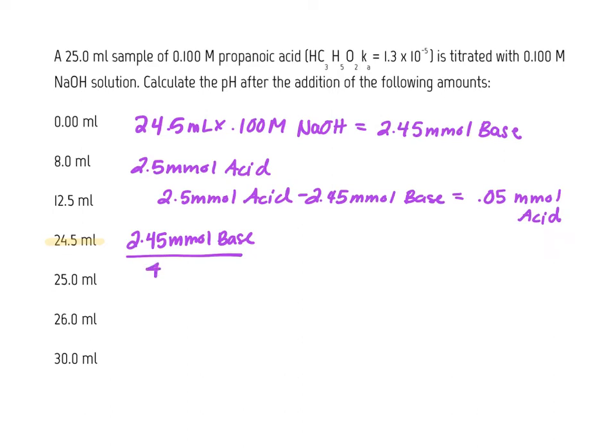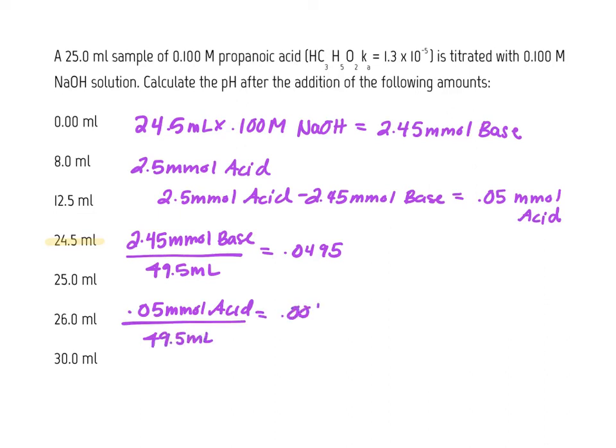Our total volume now is 49.5 milliliters, so 25 plus 24.5. We get our concentration of the base. We're going to take that 0.05 millimoles of the acid, divide by the total volume, and we get our concentration of the acid.